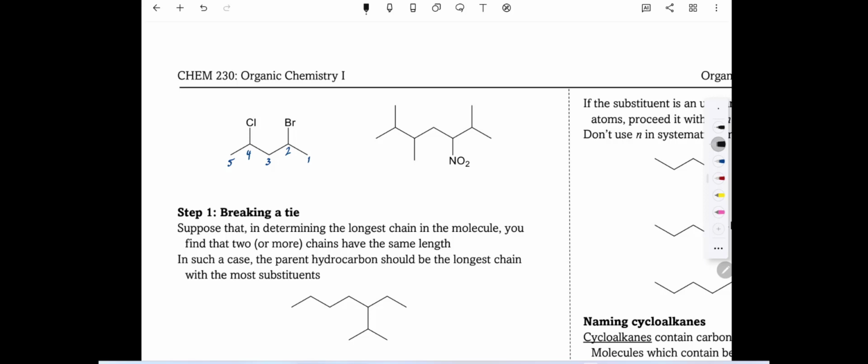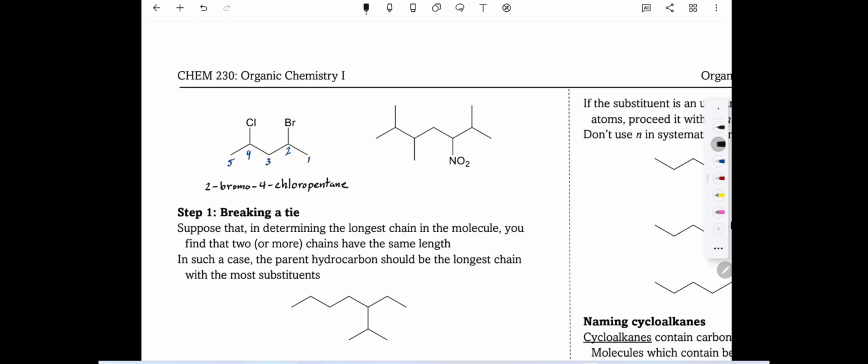And alphabetically bromine comes first, so the name here will be 2-bromo, 4-chloro, and the parent is pentane. 2-Bromo-4-chloropentane.